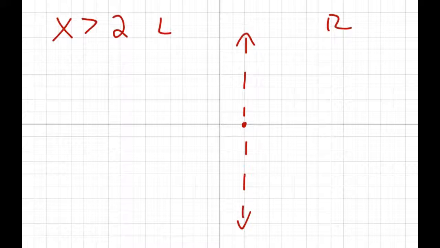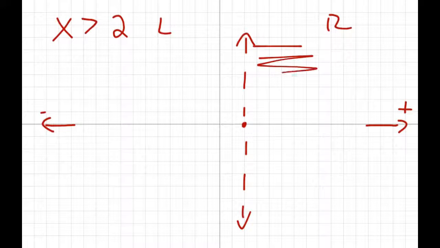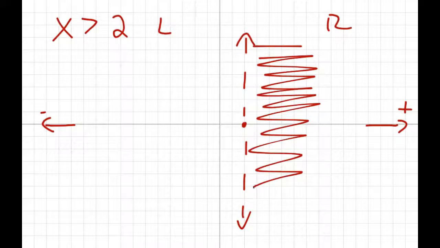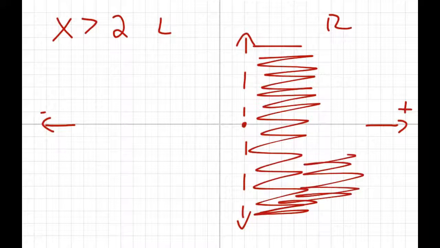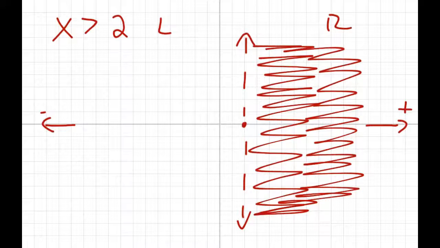Well, if you were thinking about the horizontal axis, the x-axis, think of it as a number line. The numbers are getting bigger as they're going this way in the positive direction. They're getting smaller as they're going this way in the negative direction. So if I want greater than, I must be shading to the right. So greater than would be a shade to the right. Less than would be a shade to the left.